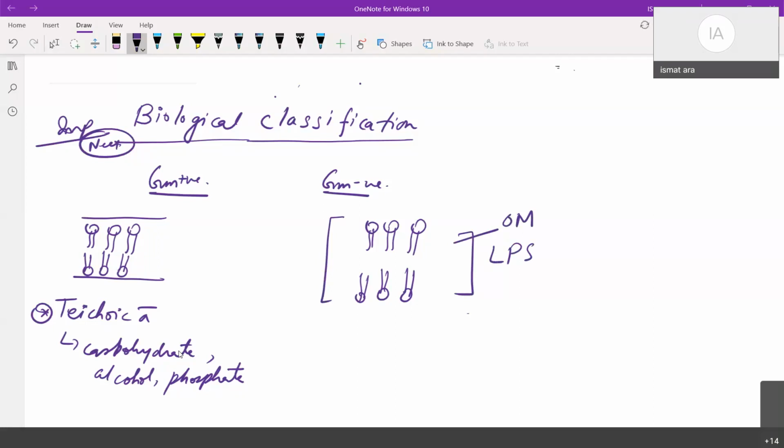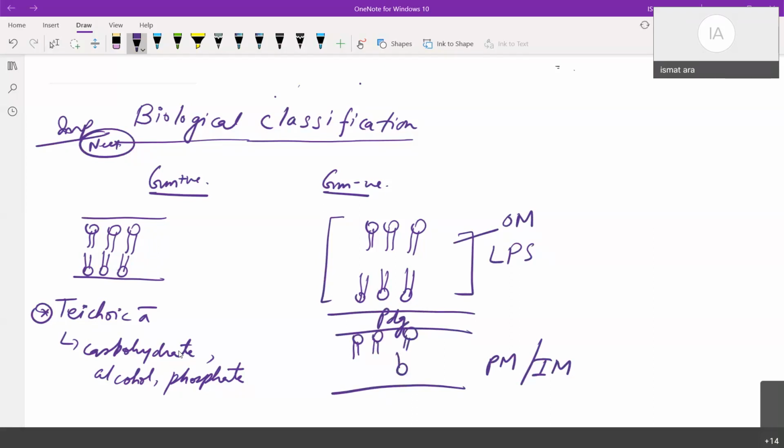Okay. Then after that, there is a layer of peptidoglycan. And then again the layer of plasma membrane, or you can say the inner membrane. Again plasma membrane, same arrangement of fatty acid, like this.